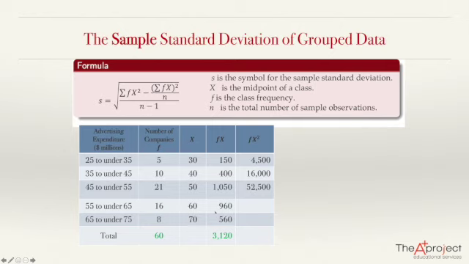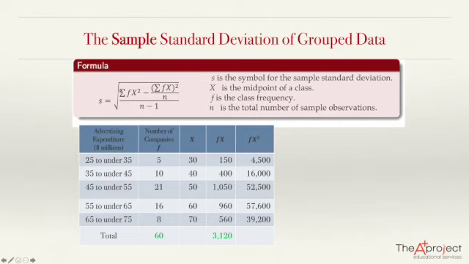Now 60 times 960, use your calculator for doing that. So you get 57,600. 70 times 560, please use your calculator, and you get 39,200. Add together all these numbers because this is in the formula.